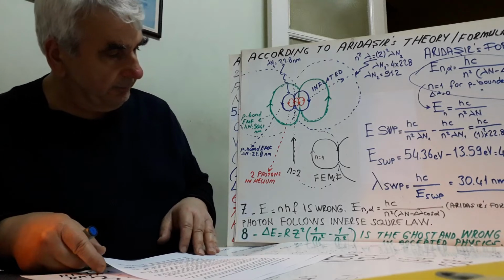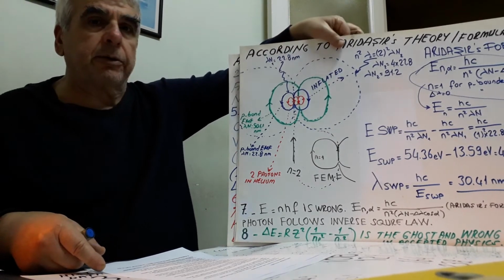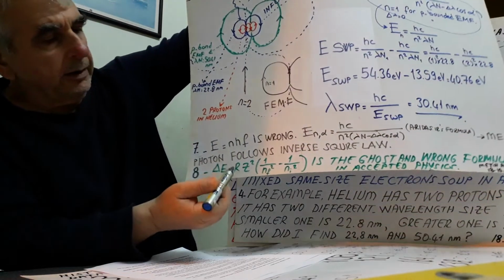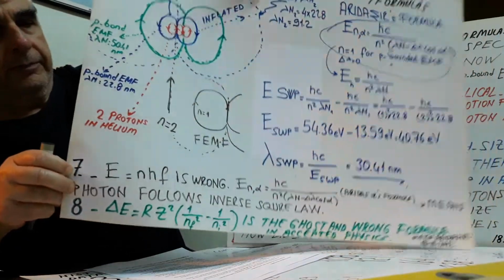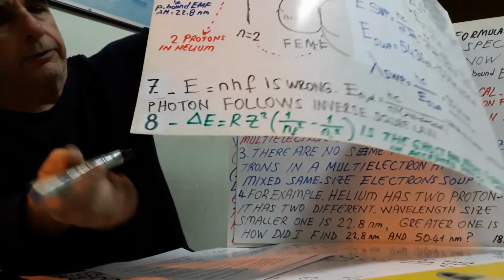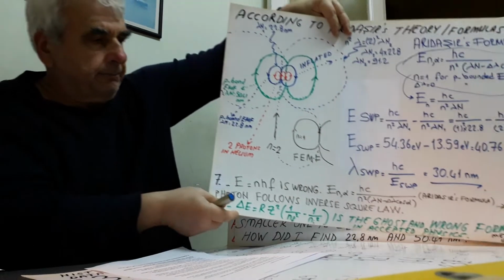8. Here, quantum theory used the Rydberg formula. Here, the ghost formula, I say, this one. Okay.